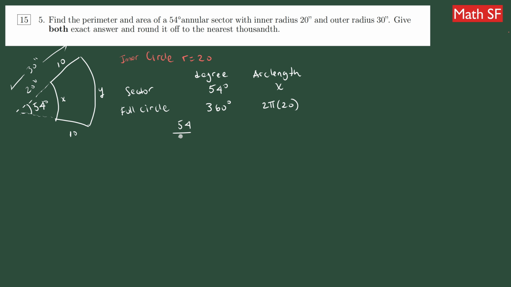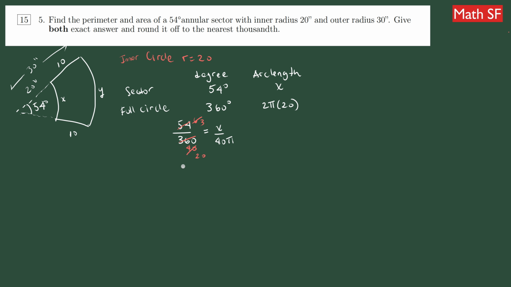54 over 360 equal to x over 40 pi. You have to reduce. Well, I'm going to reduce 54 over 360. I believe 9 goes into both of them. 9 goes into here 6 times, and 9 goes into here 40 times. If I keep reducing that, half of this is 3, half of this is 20.